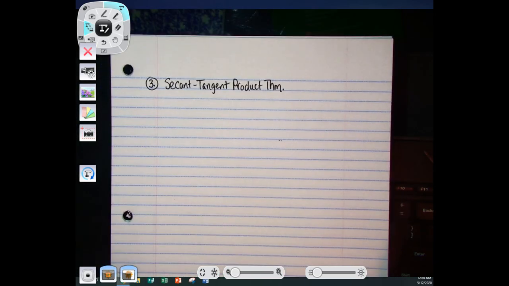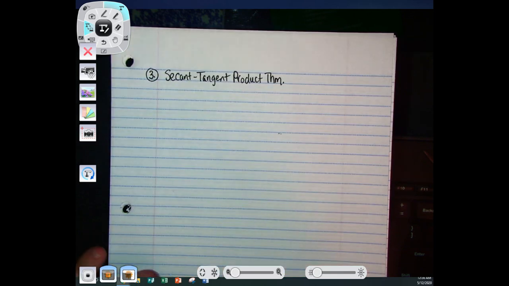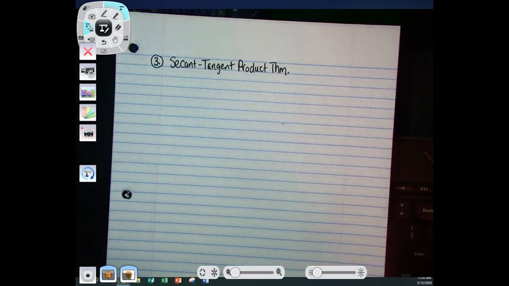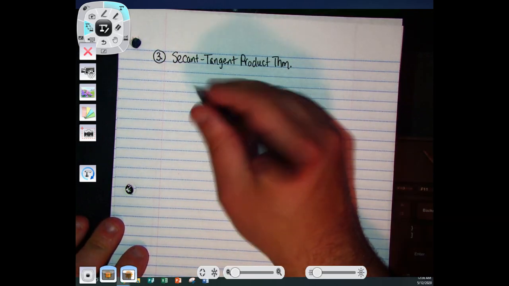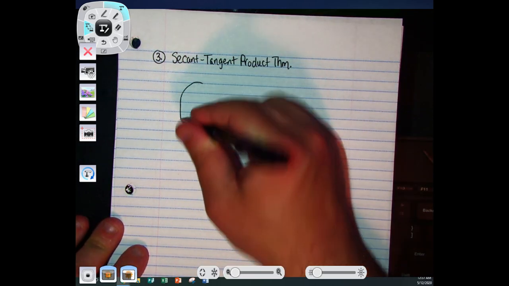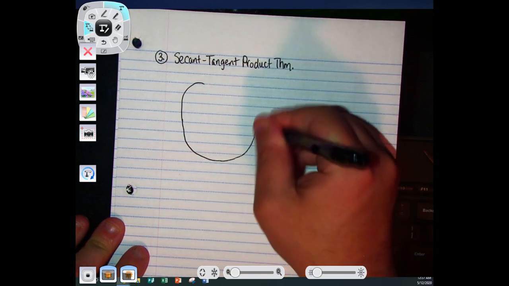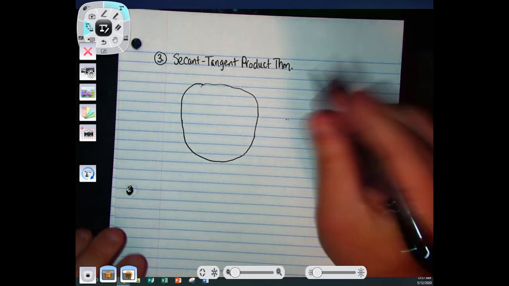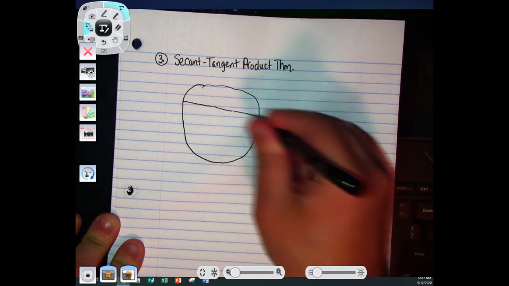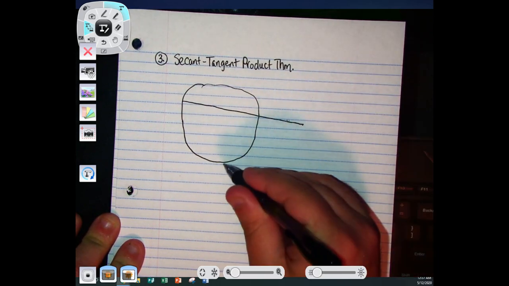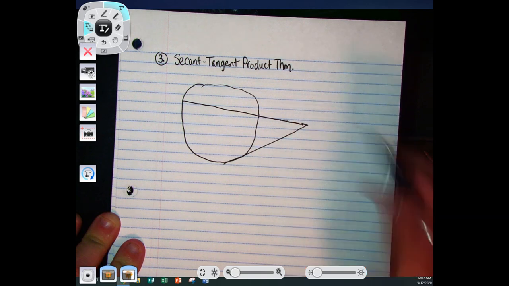The last theorem involving segments of a circle is the secant-tangent product theorem. Remember that a tangent is a line that is outside the circle and intersects with the circle at one point only. So here's our secant, here's our tangent.